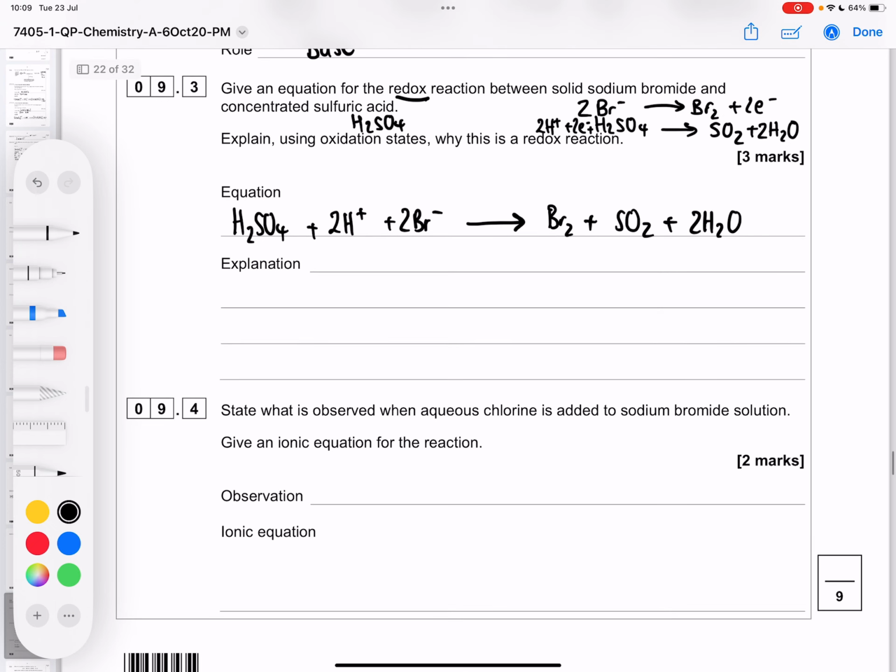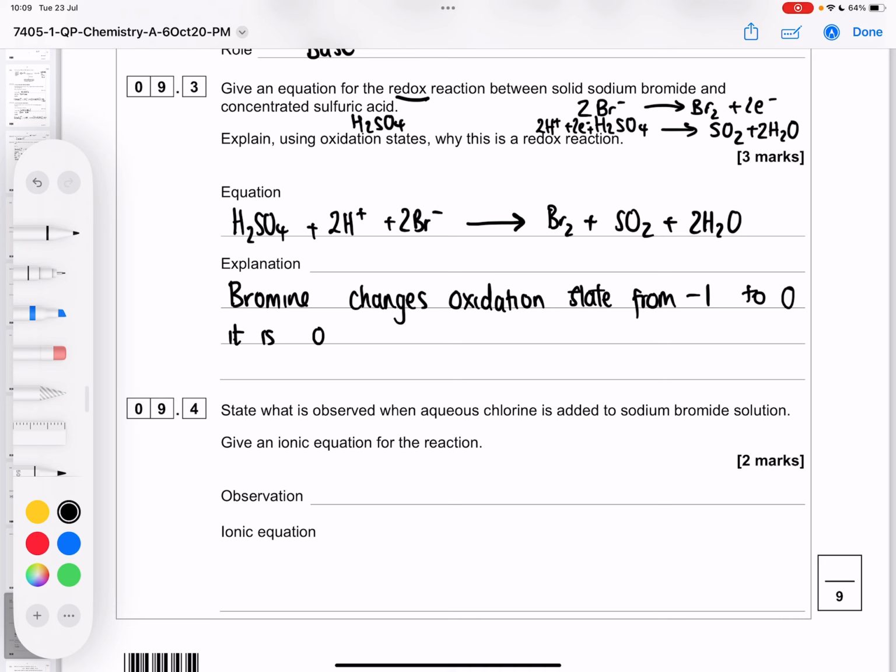And it says, explain why this is a redox reaction. Bromine changes oxidation state from -1 in Br- to 0.